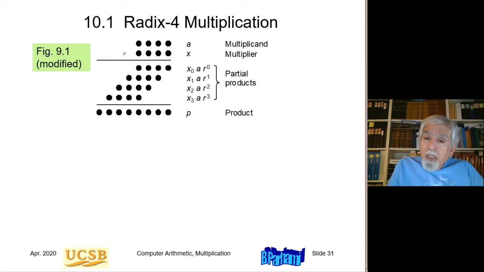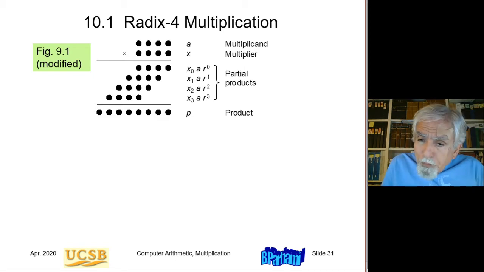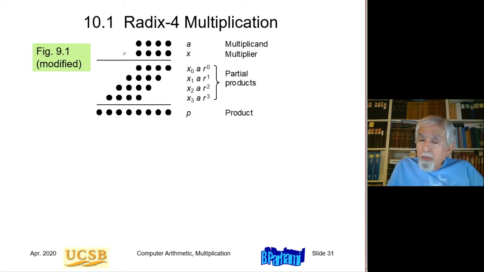So this dot notation represents a 4 by 4 bit multiplication that we saw before. It's done by producing 4 partial products, each shifted by an appropriate amount, and then adding them together.